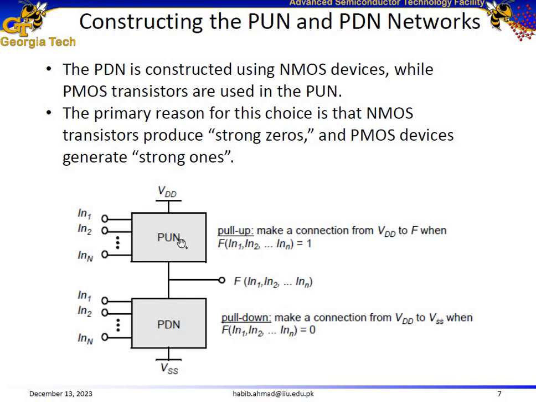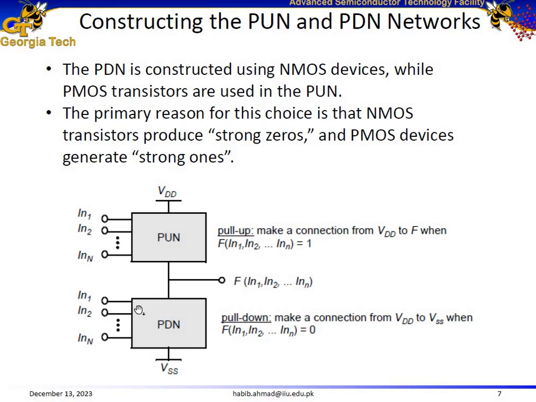And the pull-up network comprises PMOS transistors because PMOS devices generate strong ones. They can be pulled all the way up to VDD, while NMOS transistors are used in the pull-down network because NMOS transistors produce strong zeros.